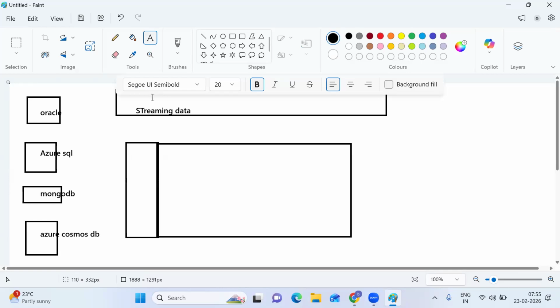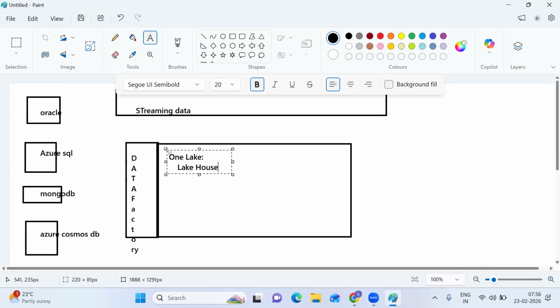Here I am keeping Data Factory. In Fabric only, you have Data Factory services. Here I have OneLake. So within the OneLake, you are building Lakehouse.